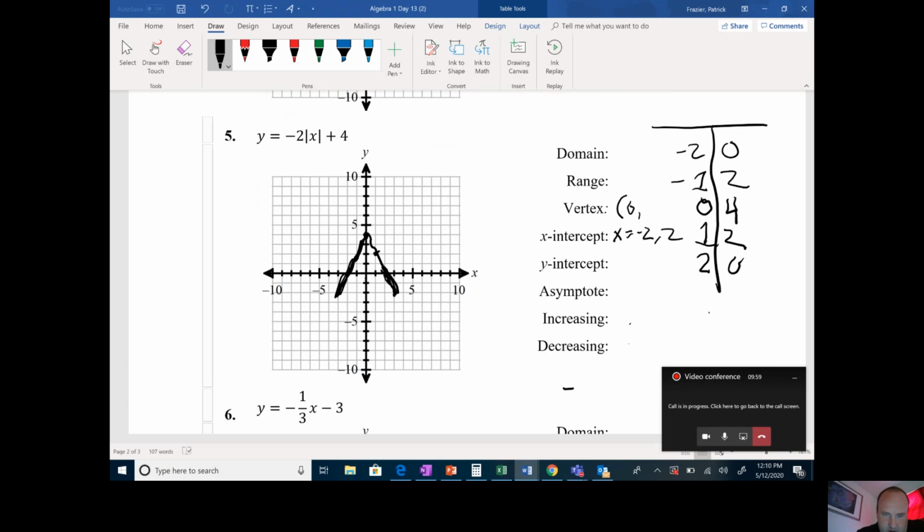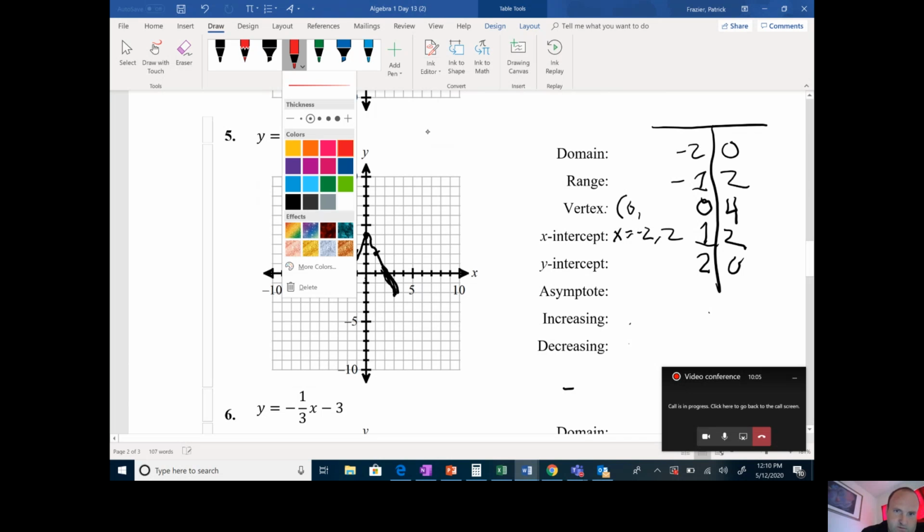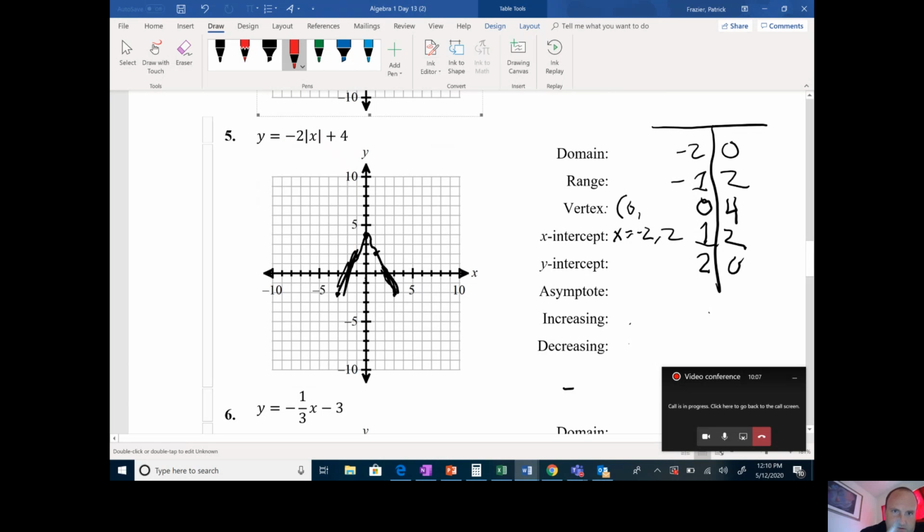This line over here. Trying to do that in red for extra emphasis. There we go. Well, that red line meets the black line at the vertex. Anyway, x is 0, y is 4. And that's also our y-intercept in this case, where y is 4.